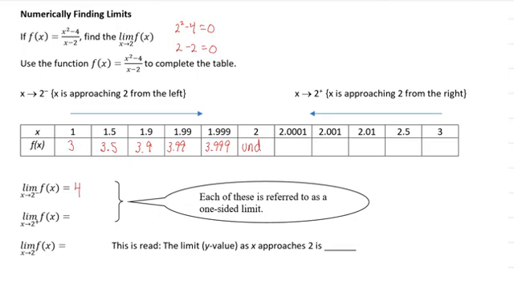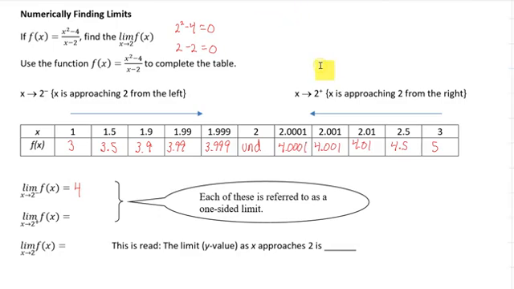And then I could do the same thing over on the right side. If you plug in 3, you actually get 5, and then you would get 4.5. You would get 4.01, 4.001, and finally 4.0001.